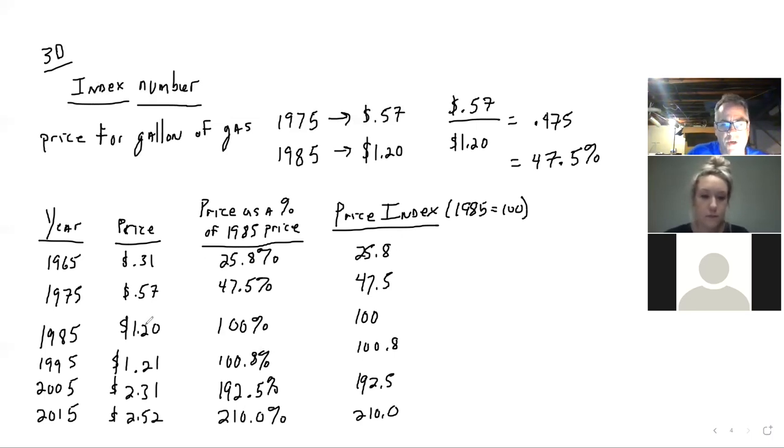When you look at a chart like this, there's no magic as to why one year was picked over another. I could construct a whole other table here and base them all off 1975's price, which was 57 cents. I would be dividing all of these by 57, and I would get different index numbers, but they would all be based off 1975's price.